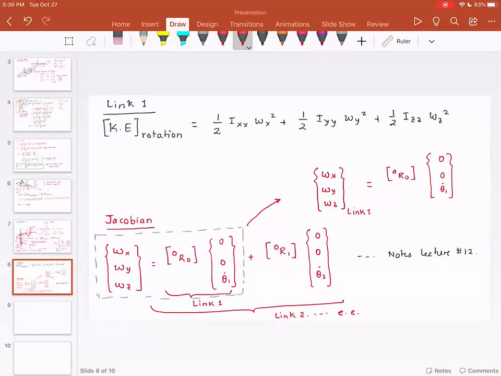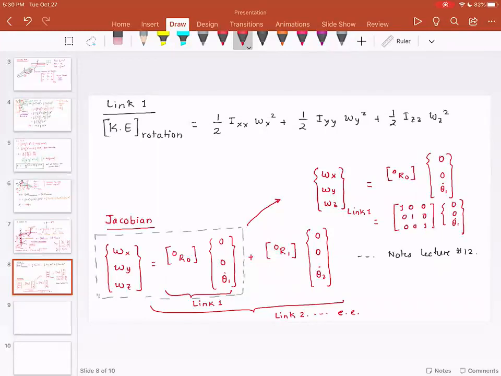And 0R0 is nothing but an identity matrix, 1 0 0, 0 1 0, 0 0 1, multiplied by 0, 0, theta 1 dot.